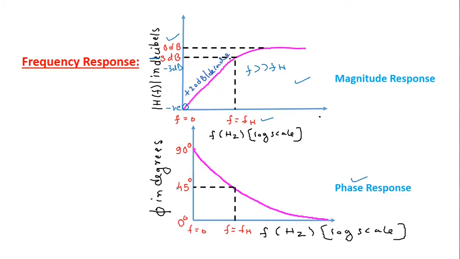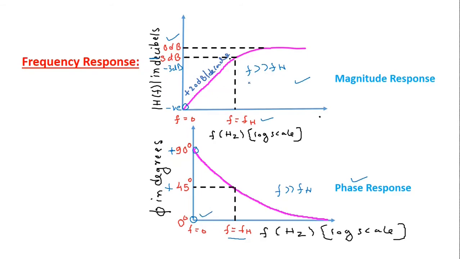Now next one is the phase response. In the phase response, the phase angle in degrees is represented on the y-axis, and frequency in hertz in the logarithmic scale is represented on the x-axis. So here we can see that when frequency is equal to 0, the phase angle is plus 90 degrees. When frequency is equal to cutoff frequency fH, the phase angle will be plus 45 degrees, and when frequency is very much greater than cutoff frequency fH, the phase angle becomes 0 degrees.